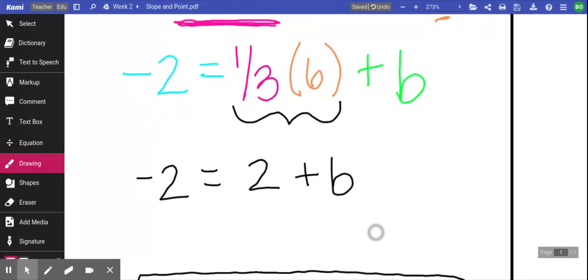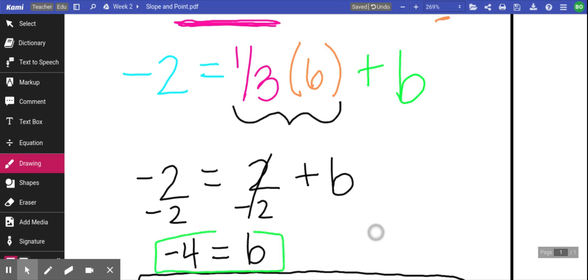Remember, we're trying to get b alone, so I need to isolate this variable. I need to get anything that's next to the b away from it. So that means I need to subtract this 2 from the other side to cancel that out. Now I just have b equals -2 minus 2, which is -4. So that is my y-intercept.